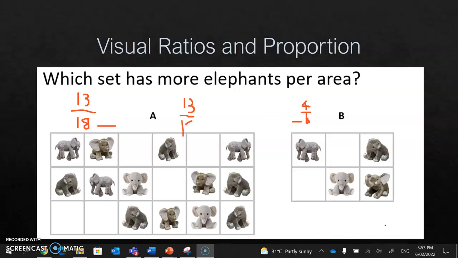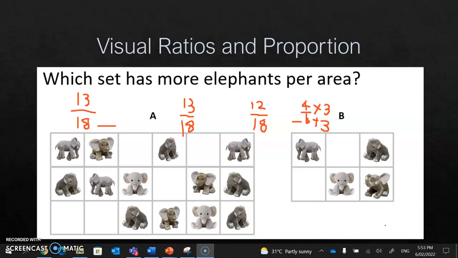But to put set B's area over 18, we need to multiply both the top and bottom by 3, because 6 multiplied by 3 is going to give us 18. And we're going to have to do the same to the top. So in this case, set B has 12, because 4 times 3 is 12, of its 18 units with elephants in.